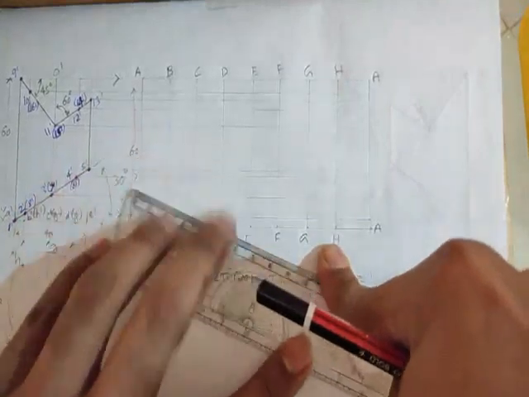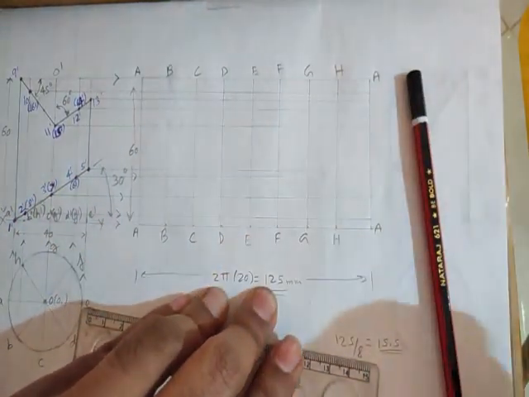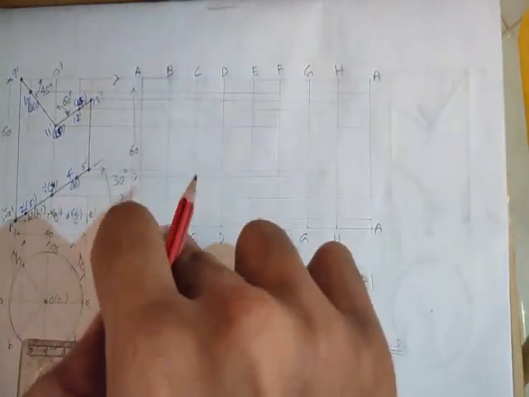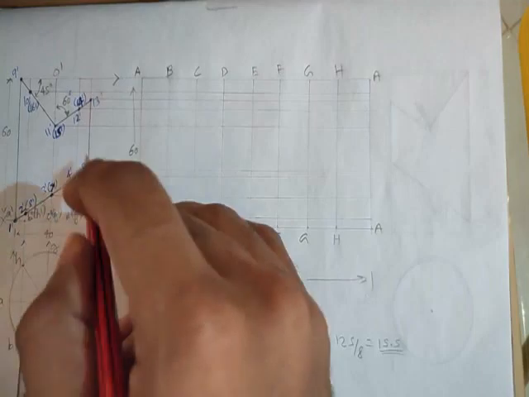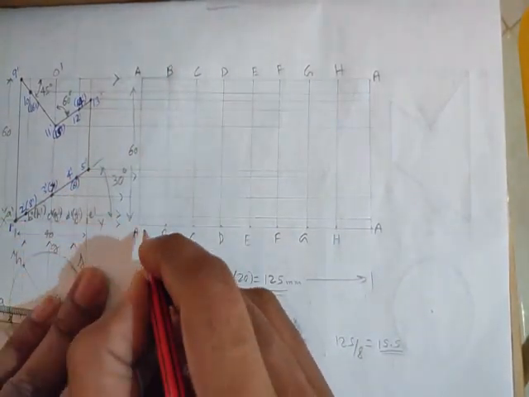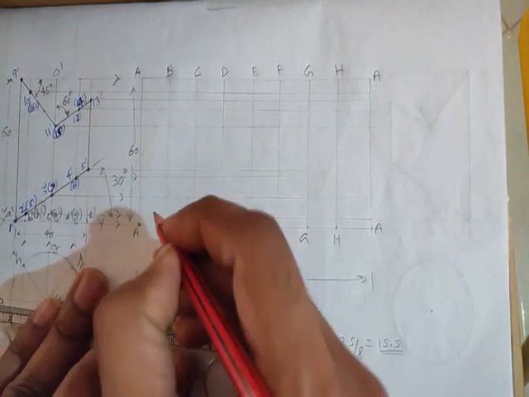Now once this is done, my job is simple. I just need to locate the intersection point on the respective generator. So I'll start with the first cutting plane. 1 is on A, so I'll mark 1 here.